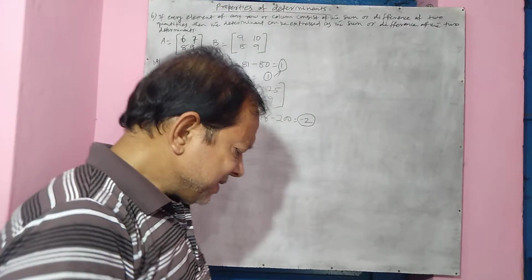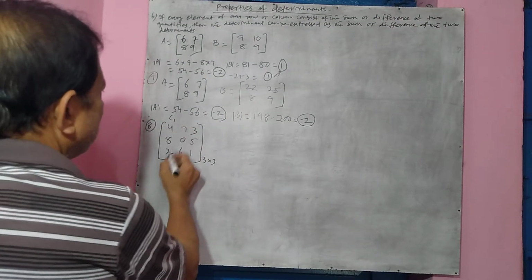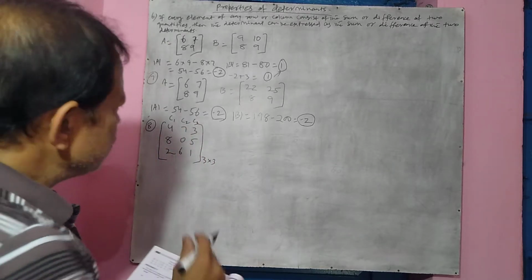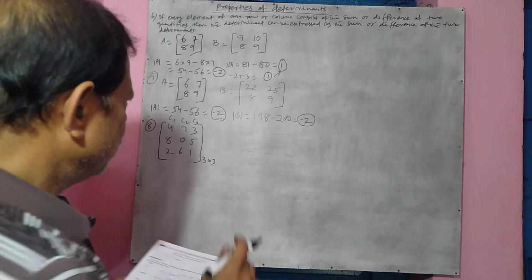Okay, let's say this is column 1, this is column 2, this is column 3, we know. So let's say we'll take the cofactors of column 2.